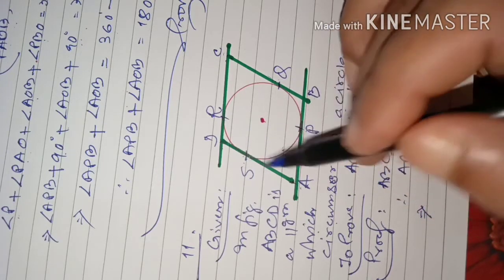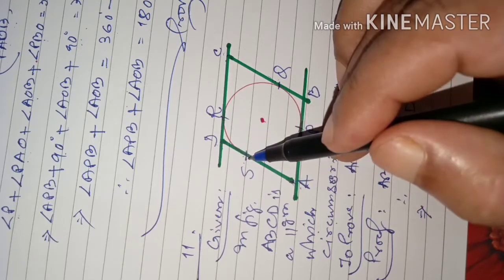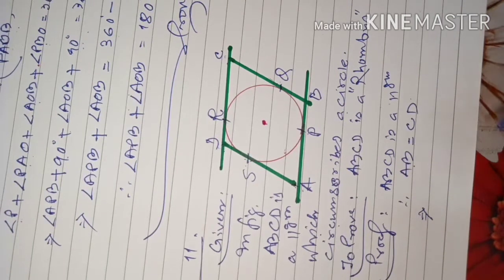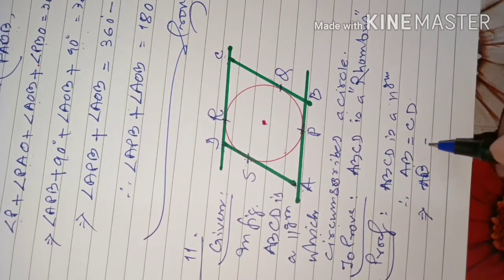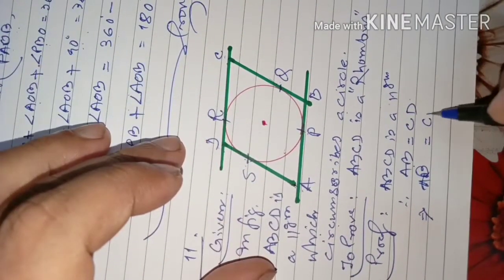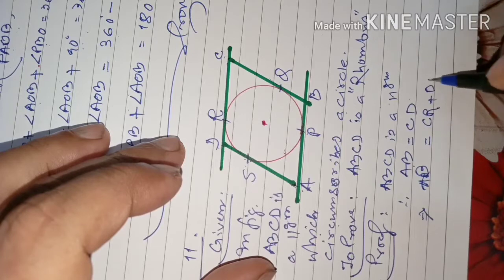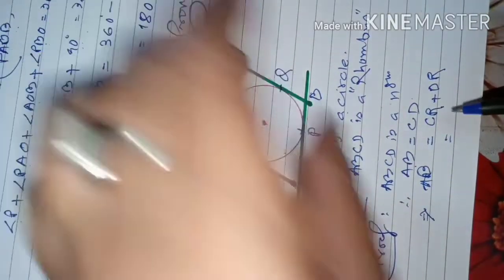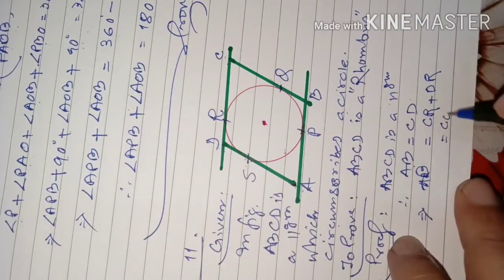And this DS is what? AB minus AS. So suppose I write here AB as it is. CD, I change it into CR plus DR. Then CR is what? CR is equal to CQ. I can write here CQ also.